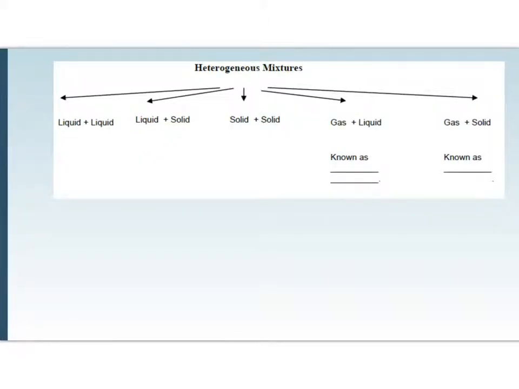Now, what kind of examples can we give for heterogeneous mixtures? Solid. For example, liquid, you have oil plus water. What was the other name used for it? It was emulsion. Solid liquid, sand plus water. The other name was suspension.